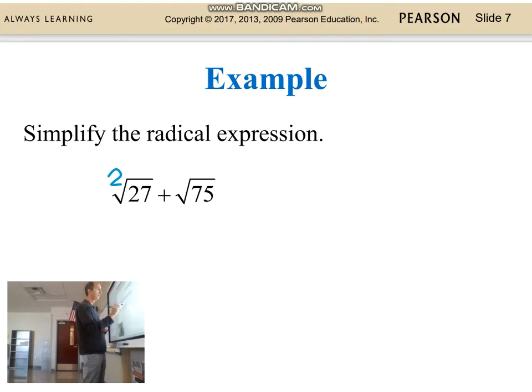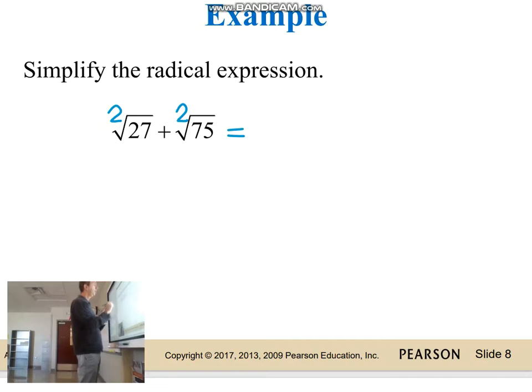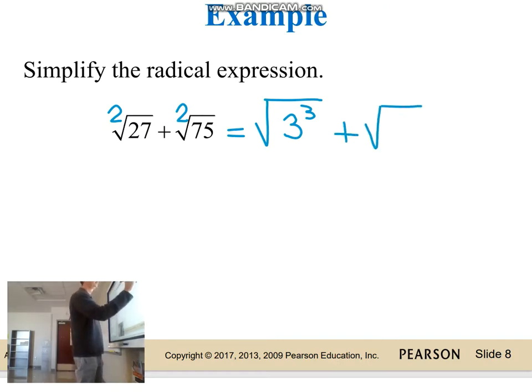One radicand is 27, another radicand is 75, but maybe if we factor them, we can find something. Check this, because 27 is, let me write down, 3 cubed, correct? And 75 is 3 times 25, right?